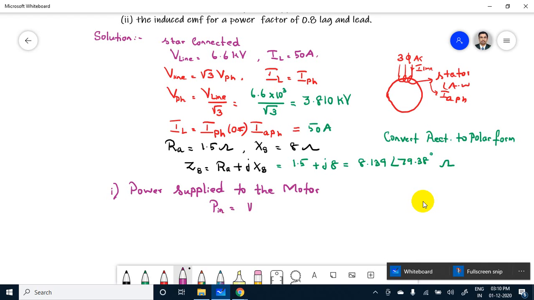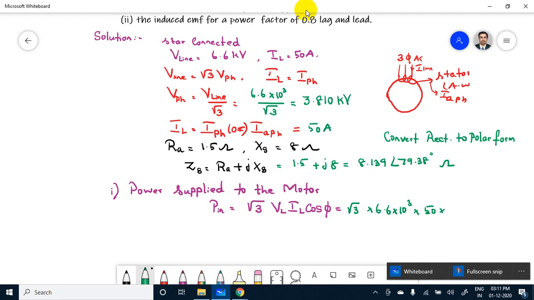P in equal to root 3 VL IL cos phi. Now substitute all the parameters. Root 3 into VL, line voltage 6.6 into 10 power 3, into IL, which is 50, into power factor.